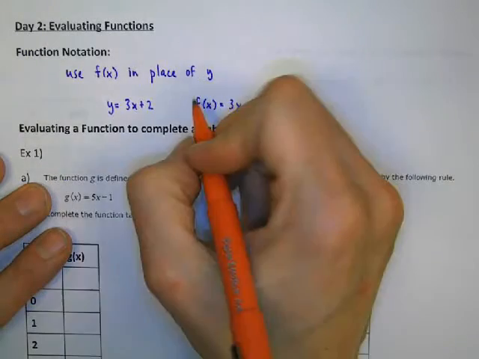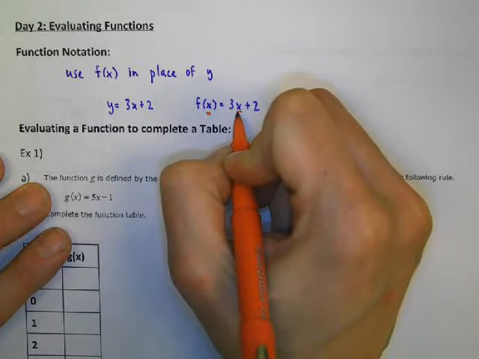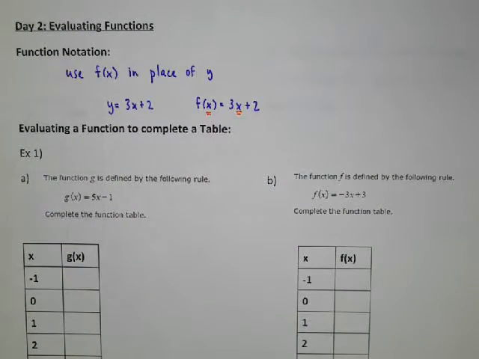And all that's saying is that we have some function in terms of x, and you'll notice this matches the variable that's in our function. So that's all function notation is. It doesn't change anything about how we create tables at all. It's just a different notation.